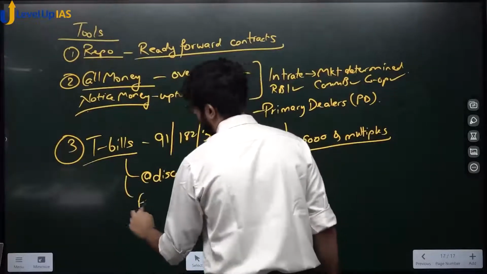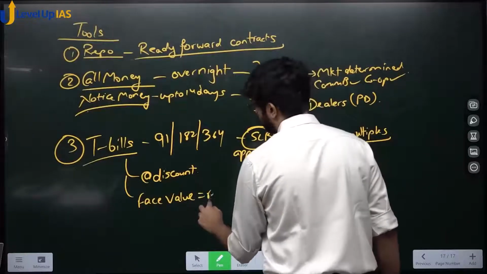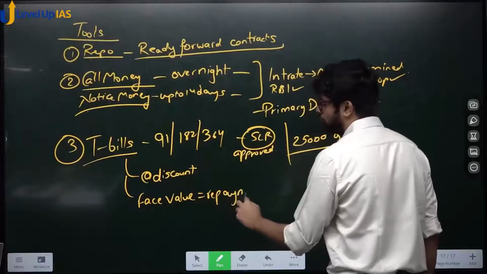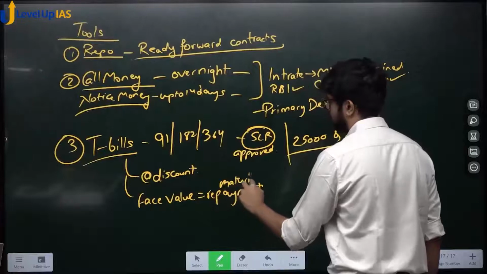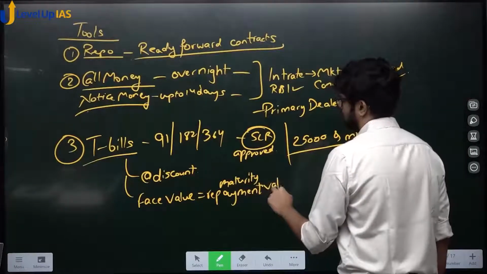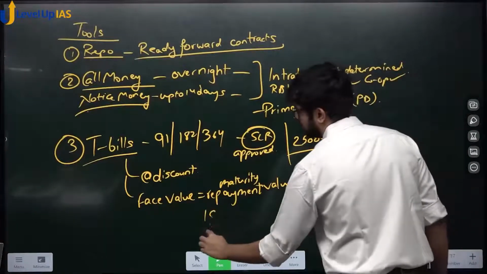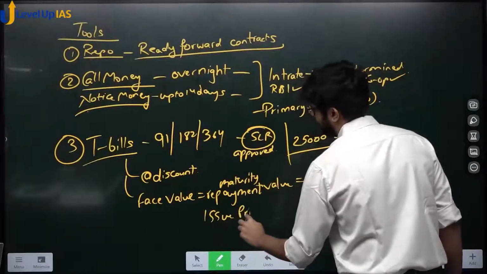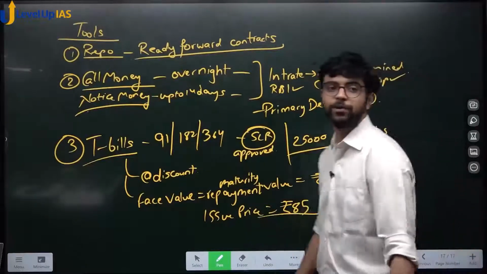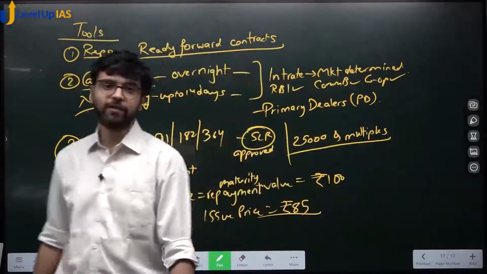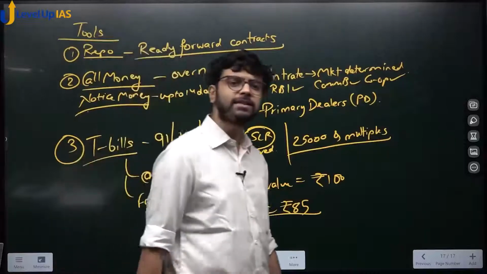Meaning, the face value, which is the repayment value or the maturity value, is rupees 100. The issue price is rupees 85. How much do you have to pay today? 85. How much will you get after 5 years? 100 rupees. But what is the catch?